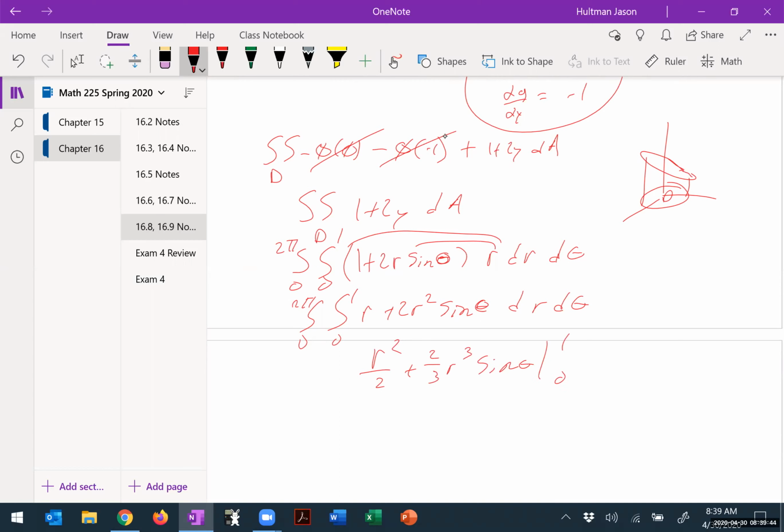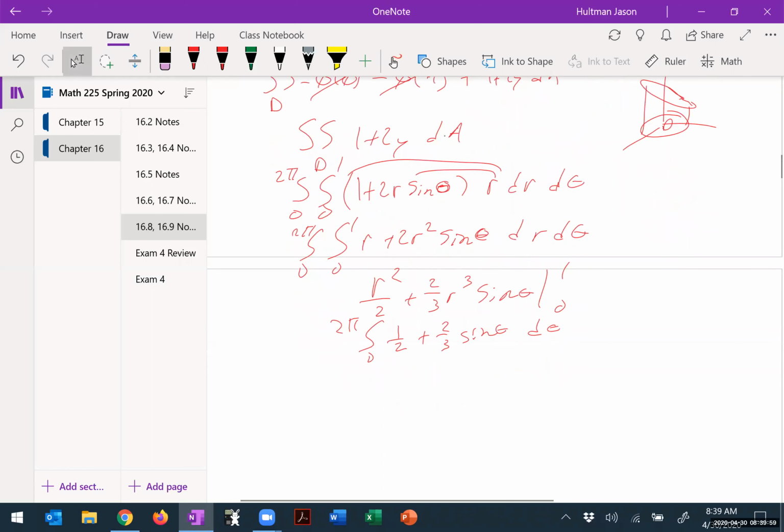Since both of these contain an r being multiplied, it simplifies to 1/2 plus 2/3 sine theta. Now we want to integrate this from 0 to 2 pi d theta. So this is going to be 1/2 theta minus 2/3 cosine theta, evaluated from 0 to 2 pi.